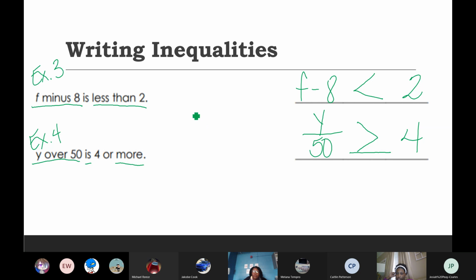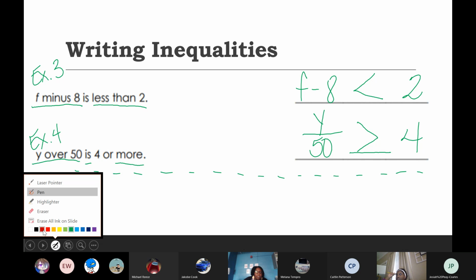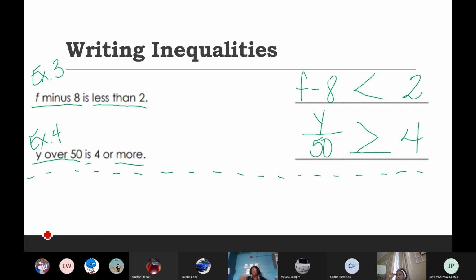I want to make sure that you wrote both of these down and their inequalities. If you've not finished them, you should have some time, because now we're going to solve these. And I'll use my Garnet to solve these. So we have f minus 8 is less than 2. What's the first thing? Remember, we're treating this like an equation. We solve it like an equation.